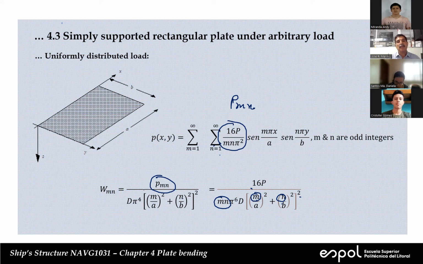That means that for WMN, probably you will need maybe 1 or 2 terms, and that's all you need, because the M and N have a high exponent and are in the denominator. That's not always the case, right? But this is the case for the uniformly distributed load. So that's very useful, because you don't need to include 20 or 30 or 1,000 terms for the expansions.